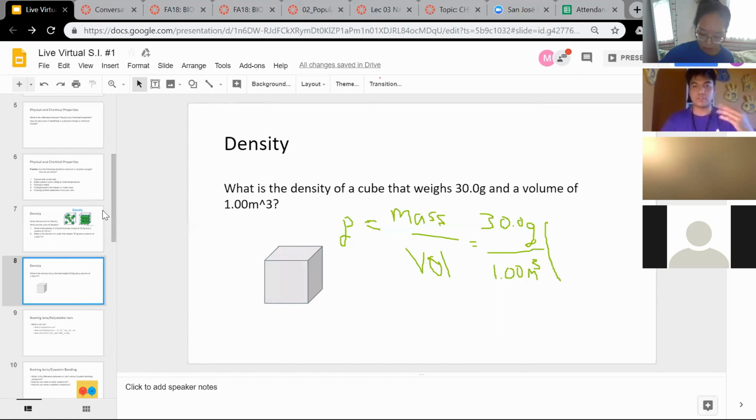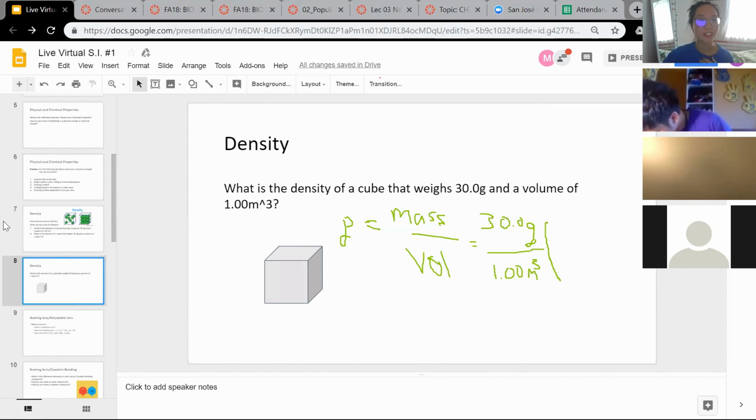So what is the conversion between centimeters and meters? Right now, take a quick moment to look over your notes or look up on the internet how much 1 meter is in centimeters. I'll give you a little bit of time to figure that out while I search it up too.